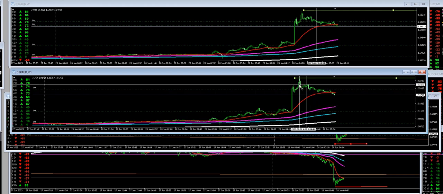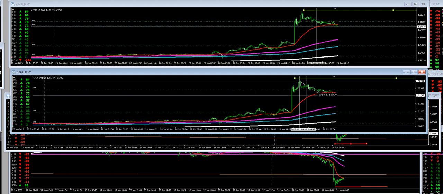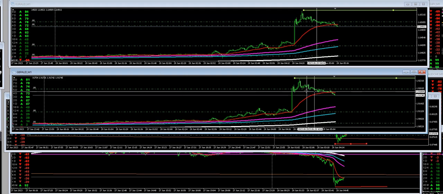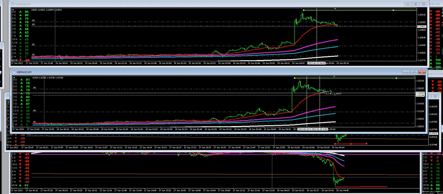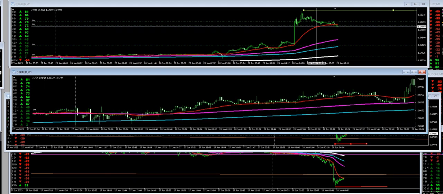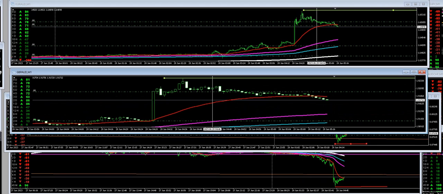All right, so they are actually offside 461 points relative to this short swing here, which is 45 at 6 or 7 candles sideways. The Aussie was letting them off the hook a little earlier than the euro.